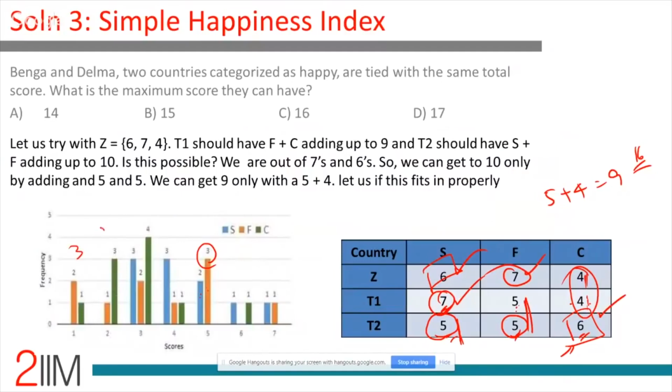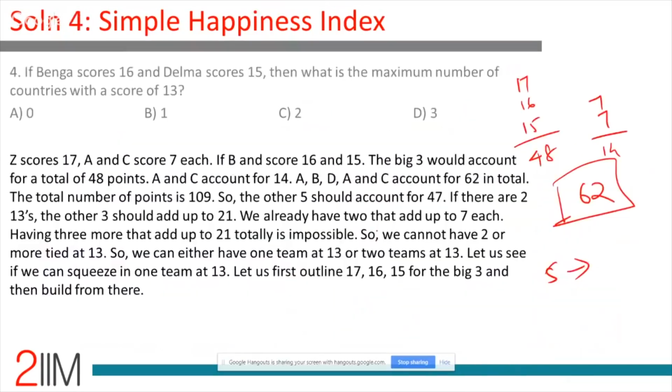This is 4 into 2, 8. 3 plus 2, 5 plus 4, 9 into 3, 27. 5 into 4, 20. 5 into 5, 25. 2 into 6, 12. 2 into 7, 14. 26, 51, 71, 98, 101, 109. The total number of points available is 109, of which 62 have been accounted for. 47 remaining for the remaining 5 countries.